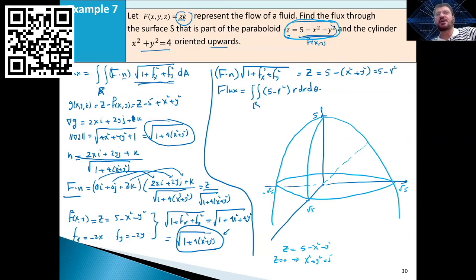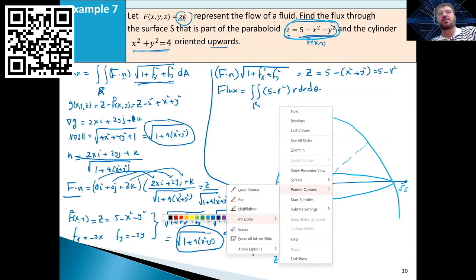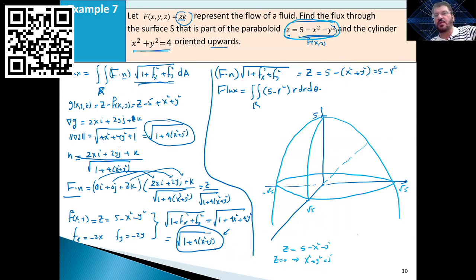All right. Now, what's the other one? It's a cylinder, x squared plus y squared equal to 4. Let's graph the cylinder. Now x squared plus y squared equal to 4. This is a circle of radius what? 2. Here is 2, guys.